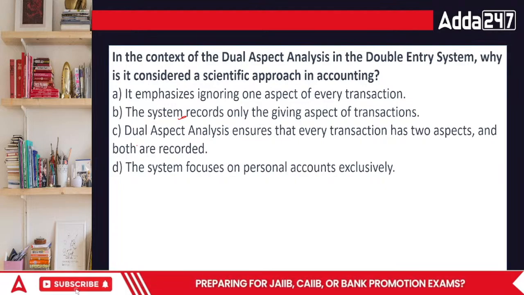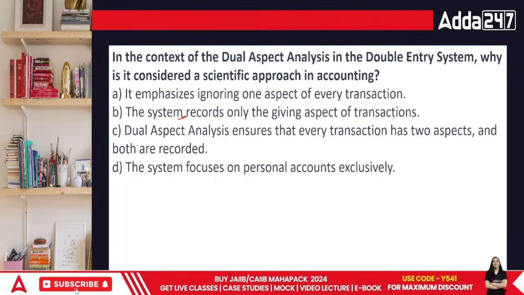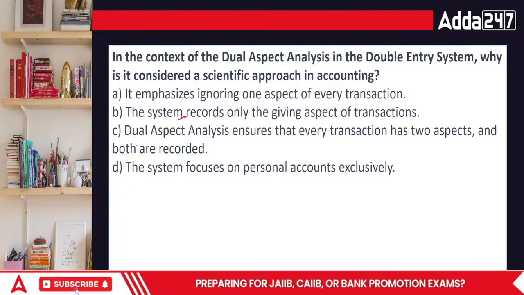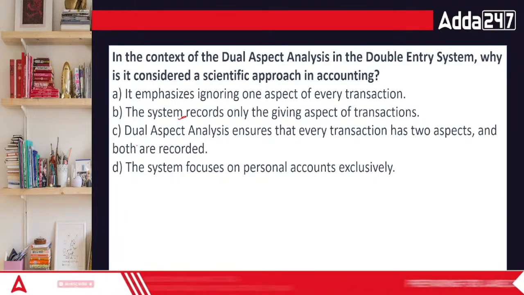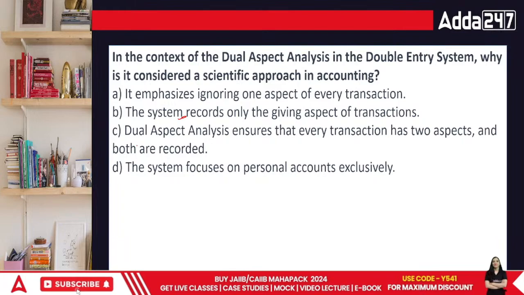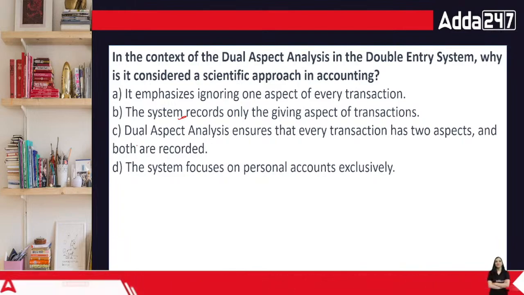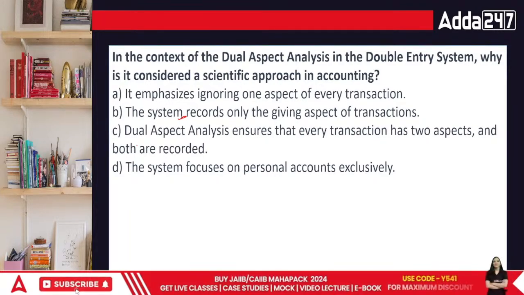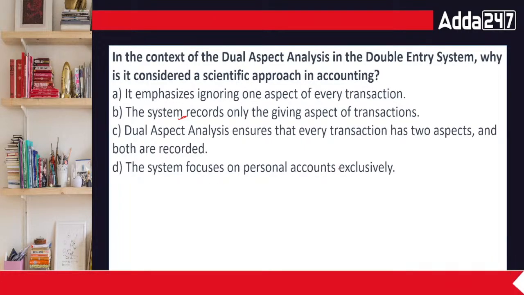Okay. Now, it emphasizes ignoring one aspect of every transaction. The system records only the giving aspect of transactions. The dual aspect analysis ensures that every transaction has two aspects and both are recorded. Matlab, you don't record either one side or the other side. You will have to record both sides. And the system focuses on personal accounts exclusively.